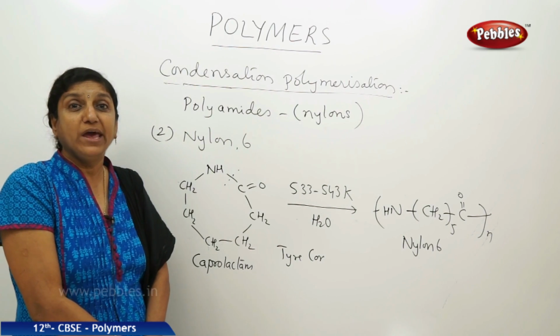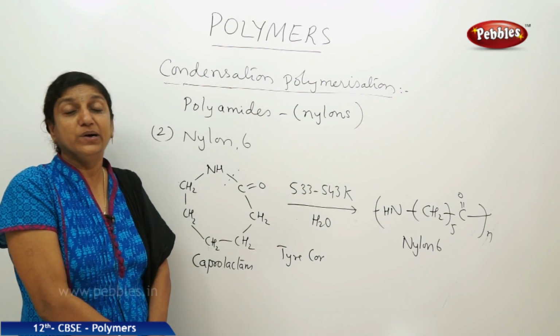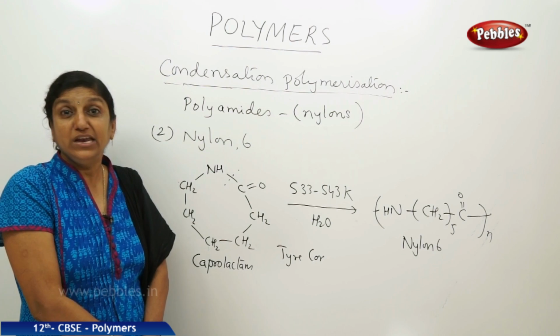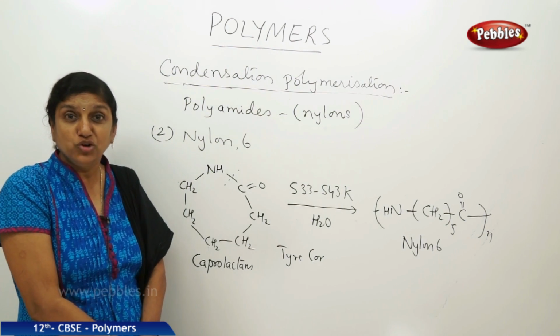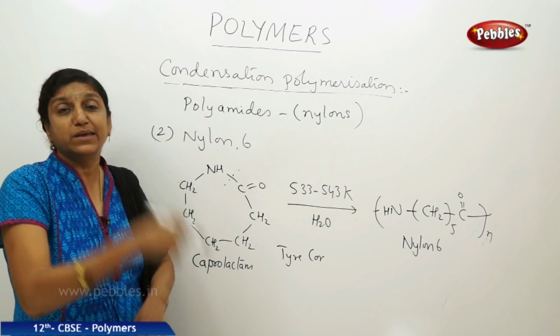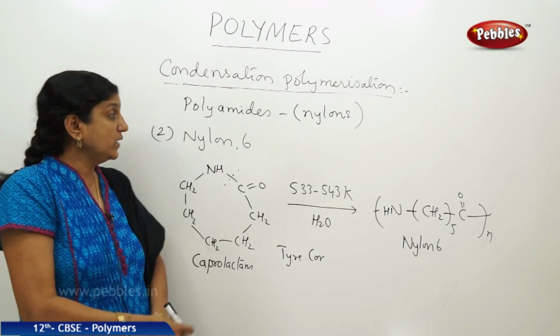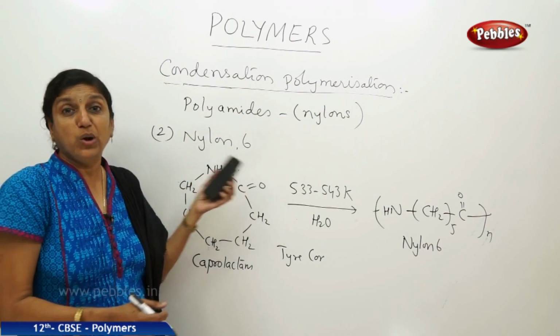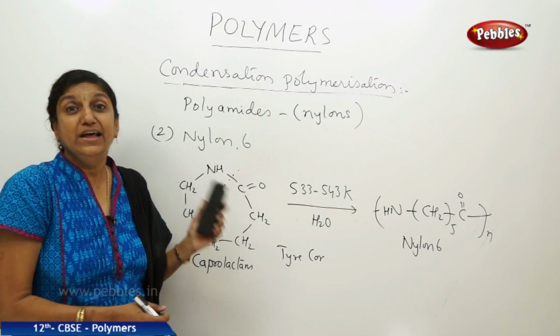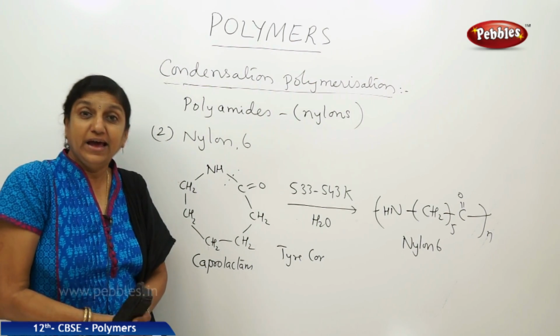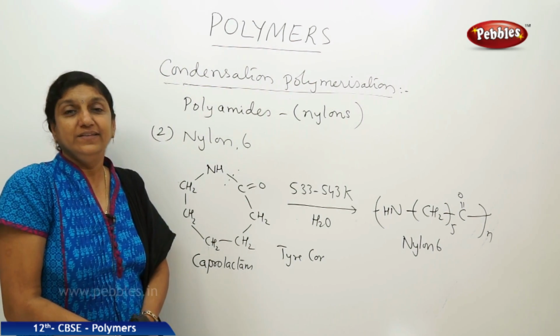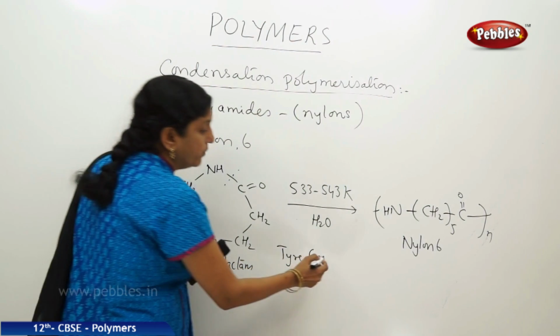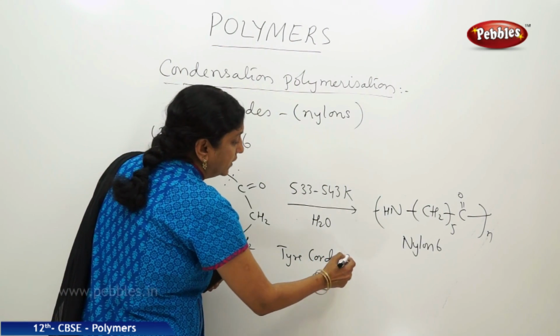So it has to bear the weight of the mountain climber. So it should have enough tensile strength not to break when he is climbing the mountain. So that is a favorable property of nylon 6. It has very high tensile strength. That is the reason why it is used for making tire cords, ropes.